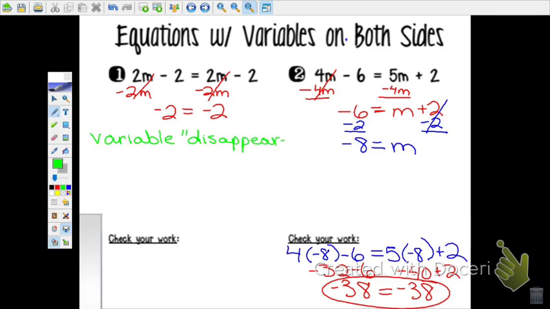But when I look at my statement this time, it's not false like it was in number 4. It's a true statement. So my answer is not negative 2, okay?